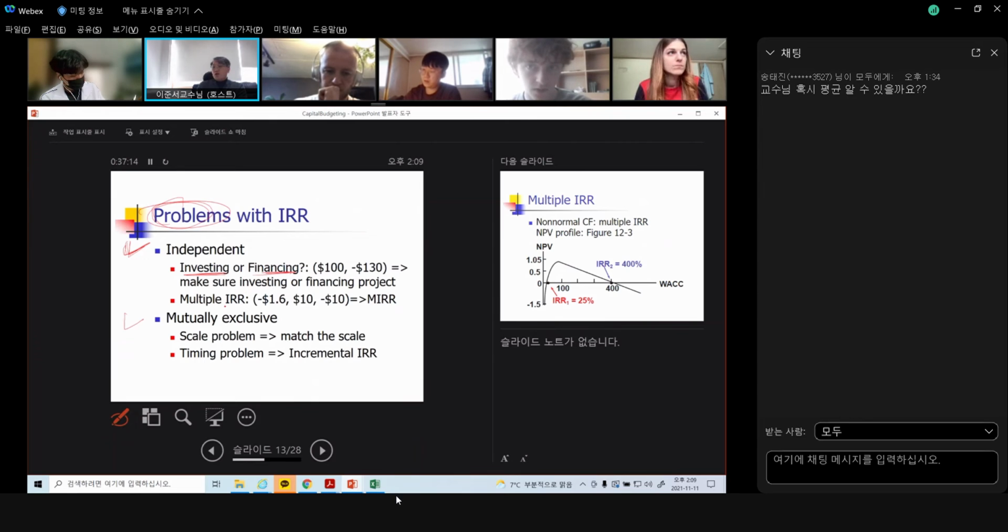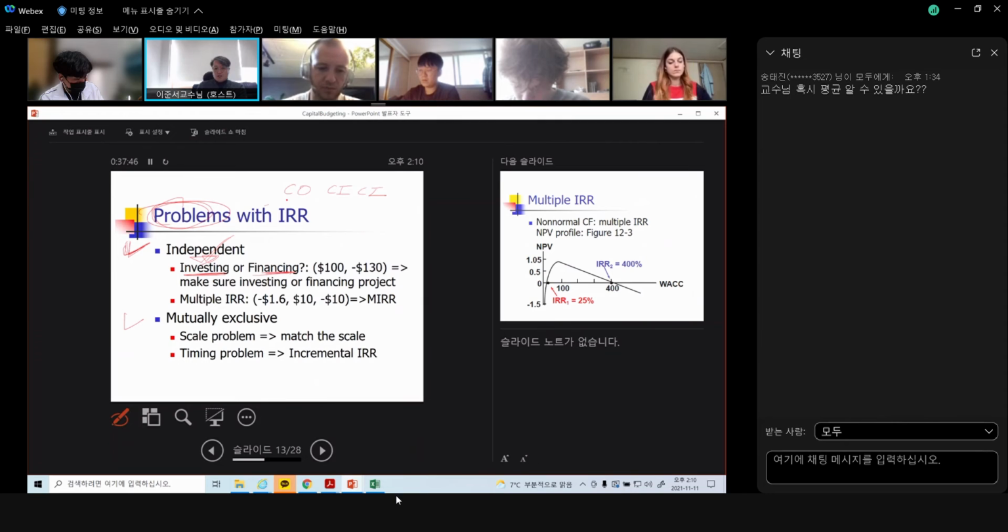Most of the projects we consider are investment projects, right? An investment project generally has a cash outflow first as capital expenditure and cash inflow later on. So cash outflow comes first, followed by cash inflow.